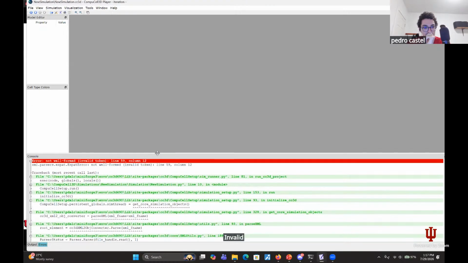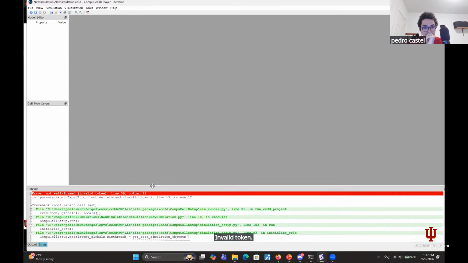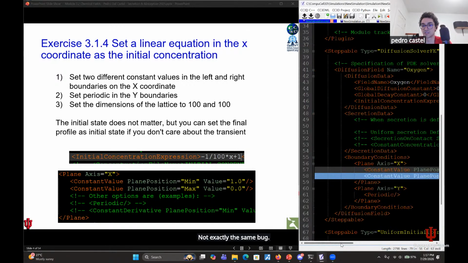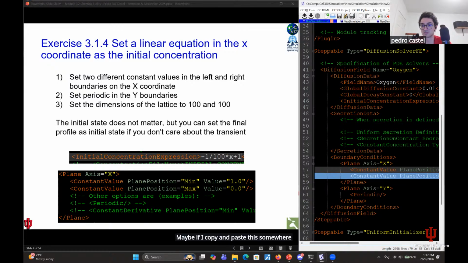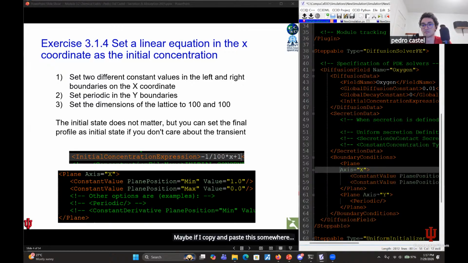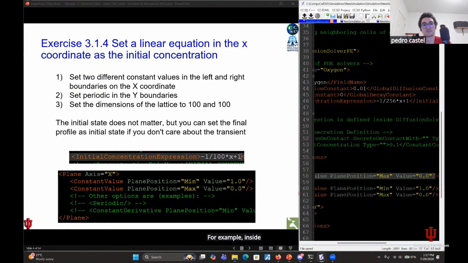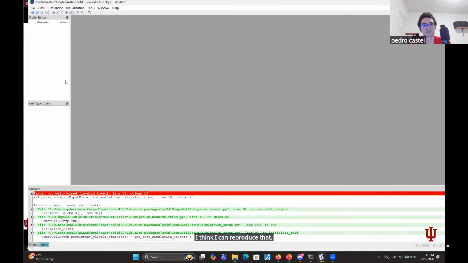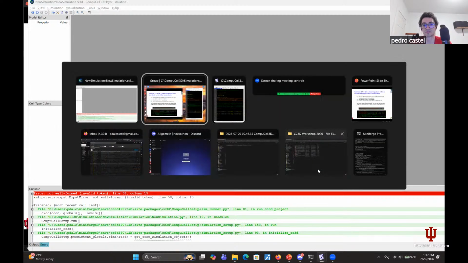Invalid token, not well formatted. Not exactly the same bug. Maybe if I copy and paste this somewhere, for example, inside here, I think I can reproduce that. Invalid token, same problem.